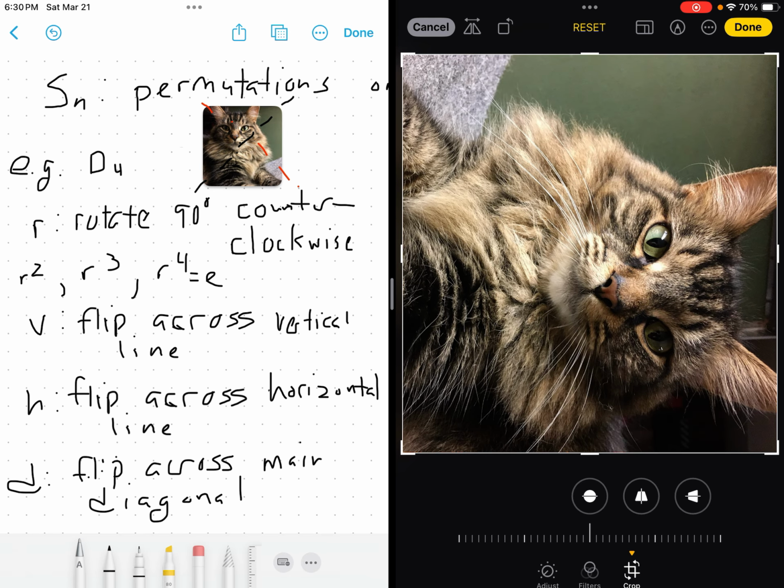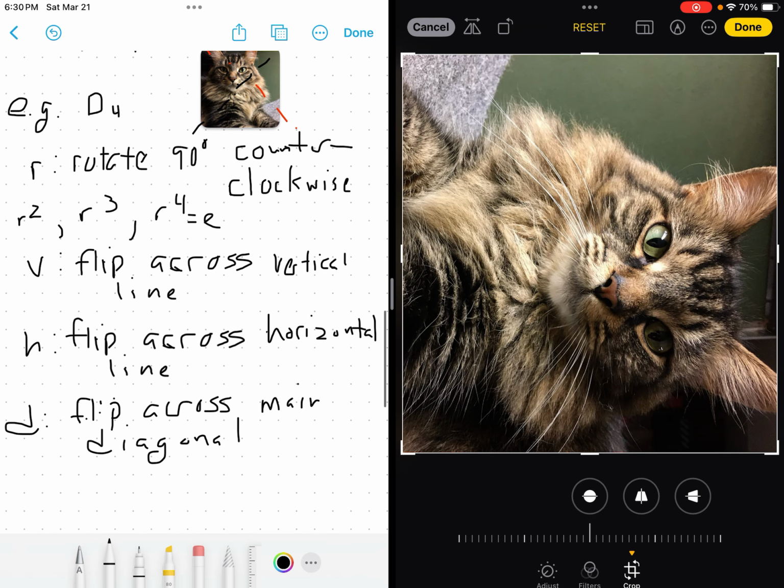And then we'll say that D prime is going to be the flip across the other diagonal, or the off main diagonal. So we've got these four.